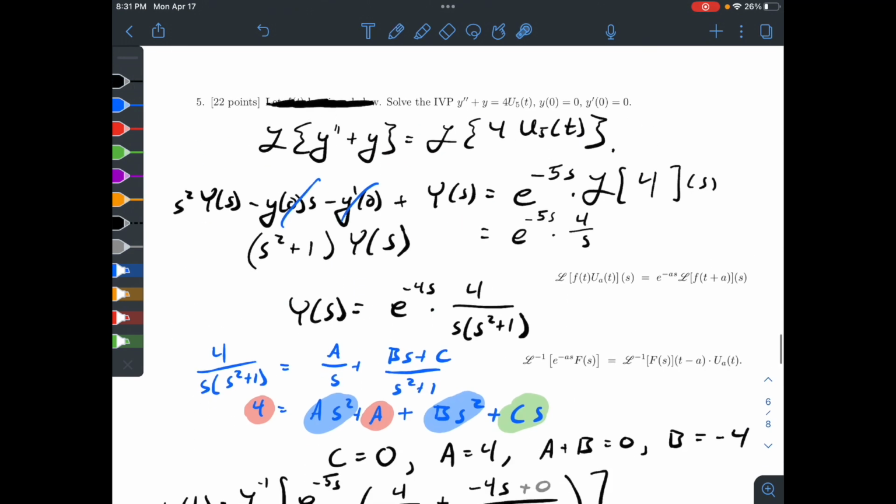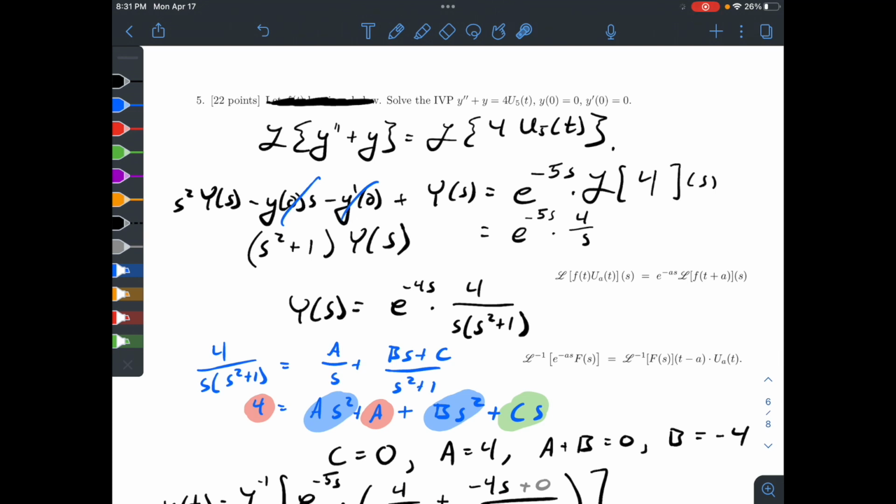Okay, so just reviewing. L of y double prime plus y, we did the formulas over there and plugged in. Those things should have just been 0. If they were like a 1 and a 2 or something like that, you'd have to add them over first. And then we factored out a capital Y of s from everything, and then divided both sides by s squared plus 1.